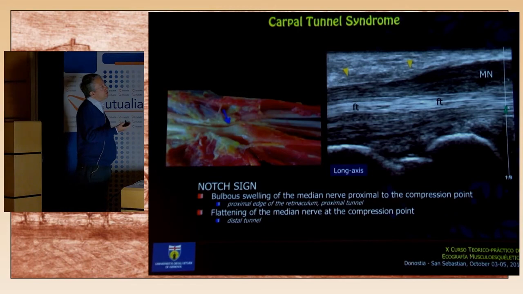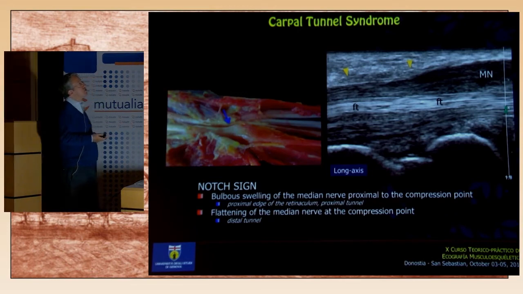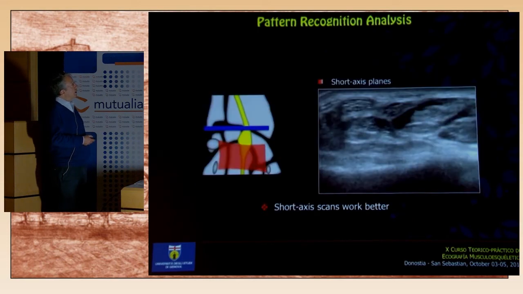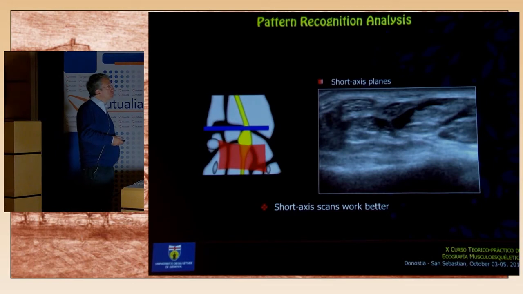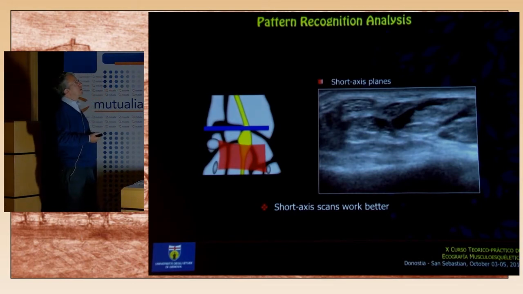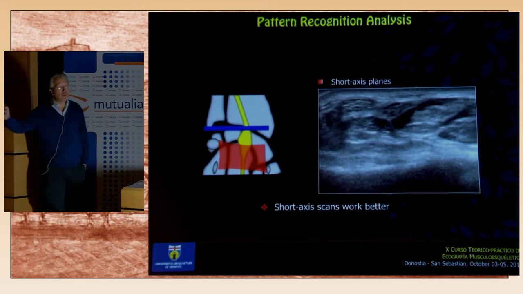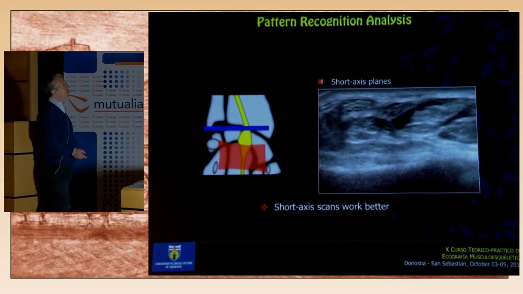It may increase your confidence in the diagnosis, but basically the enlargement of the nerve is the main finding you have to check. And to do that, to me, pattern recognition is enough. So you start proximally, you drive the probe down not so slowly, and you have an idea of the area of the median nerve.